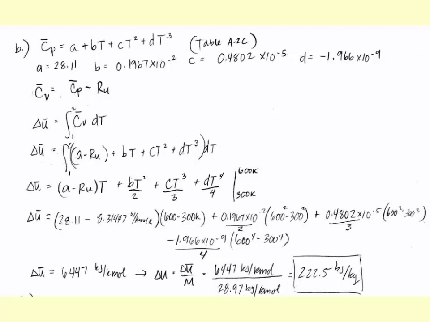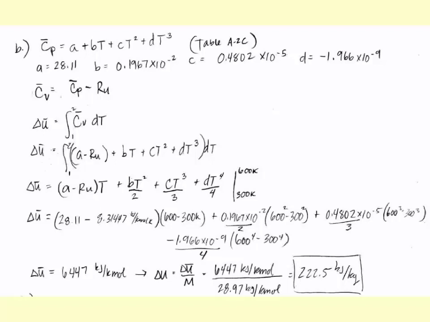Okay, so then we integrate, and we get A minus R_U times T plus B over 2 T squared plus C over 3 T cubed plus D over 4 T to the fourth.